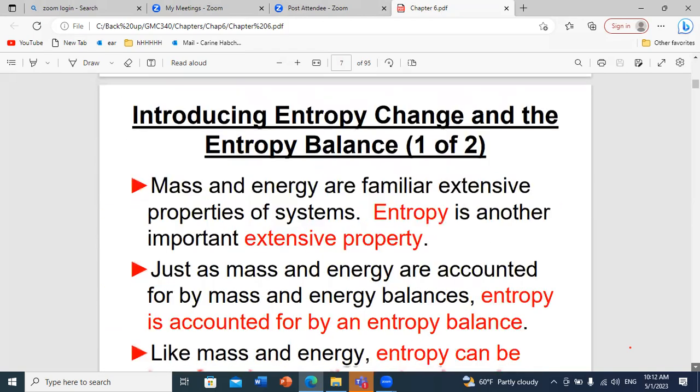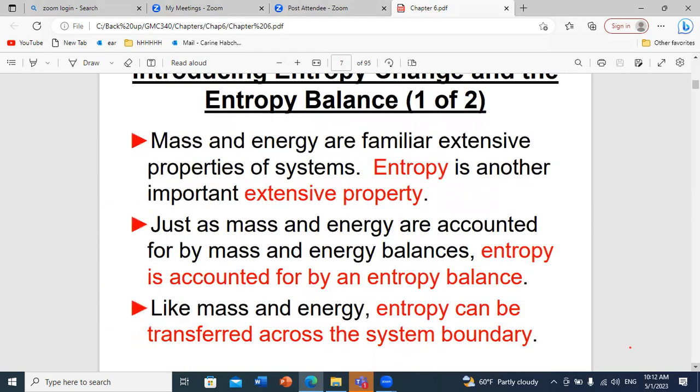Okay, first, why did we introduce entropy? We have seen before that the first law of thermodynamics will allow us to see how heat and work can be transferred in a certain system, but we cannot predict if a process can happen or not. To be able to know if a process can happen or not, we use the second law of thermodynamics.